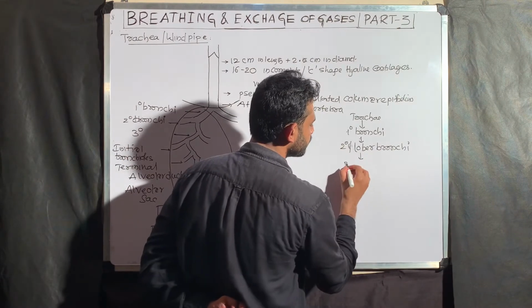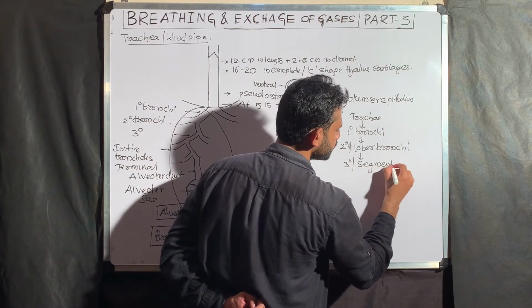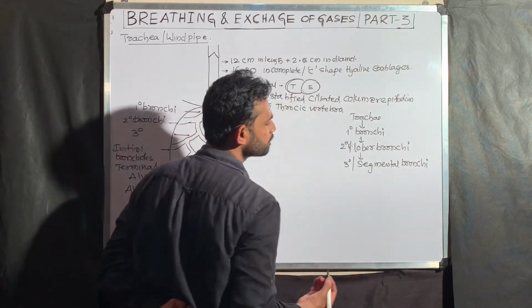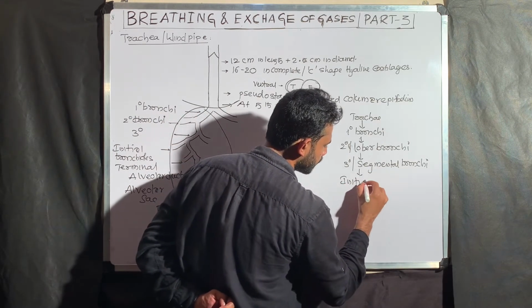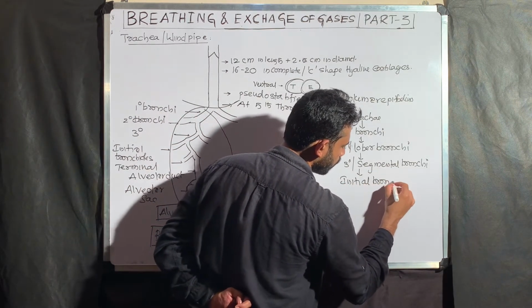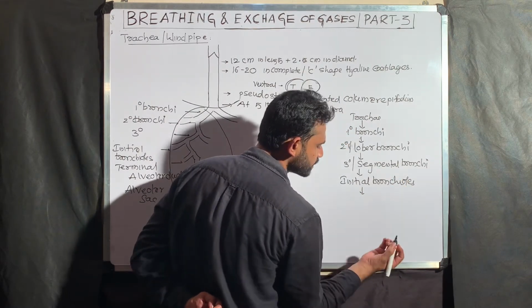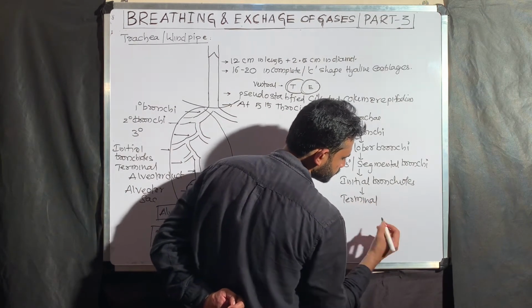Then it further divides into tertiary or segmental bronchi. This tertiary bronchi divides into initial bronchioles. These initial bronchioles divide into terminal bronchioles.